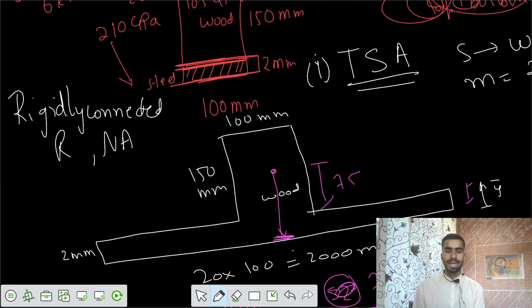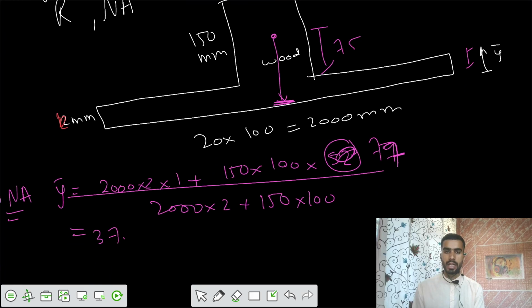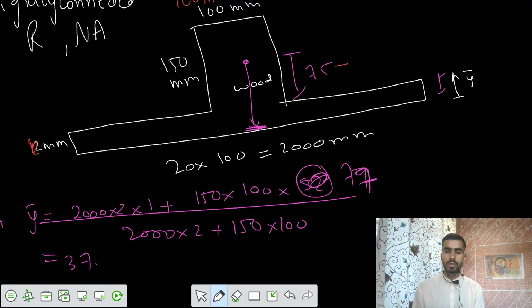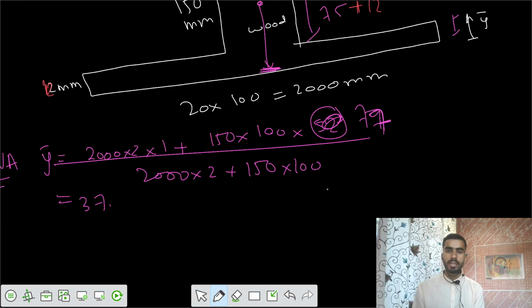The problem is that this was provided as 12 mm, the thickness was 12 mm. So you have to keep the 12 mm here. Then it becomes 75 plus 12, that is 87.